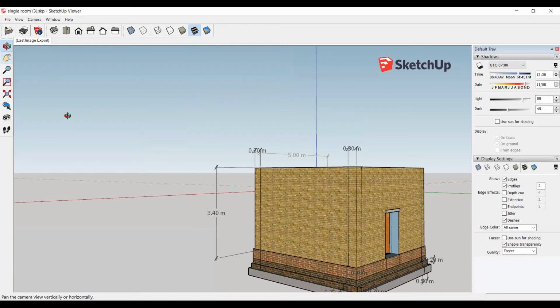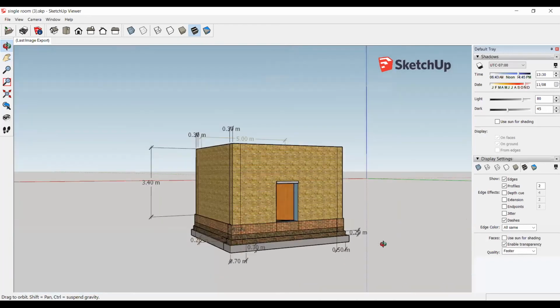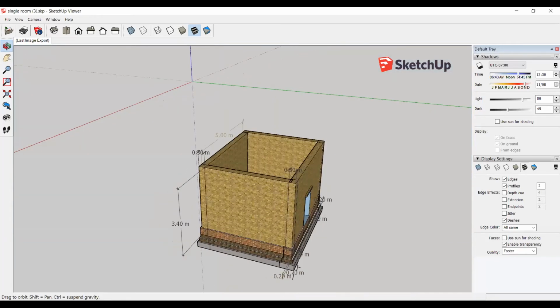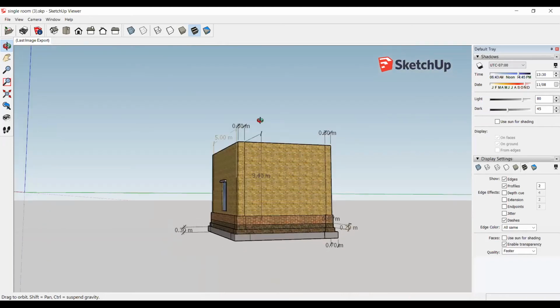Okay. Can everyone see this? Yes, fine. Okay. So you can see this is what the room looks like.